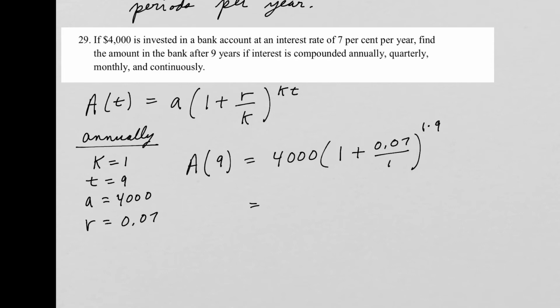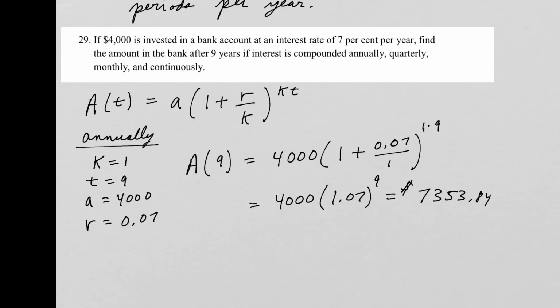If you work this out, this is 4,000 times 1.07, exactly 1.07 in this case, to the 9th power. If you plug it into your calculator, you're going to get $7,353.84. So if it's compounded annually, that's how much money you'd have in 9 years if you started off with $4,000 and the interest rate is 7% per year.